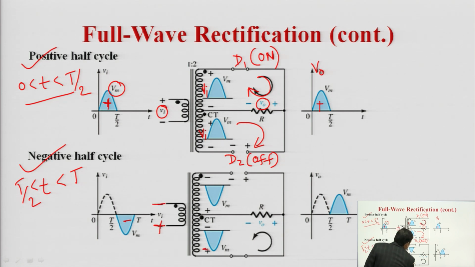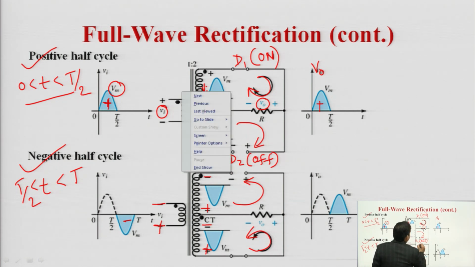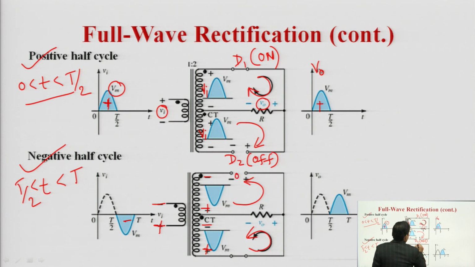If this downward terminal is positive, current will flow in this particular direction, and if this one is positive, the flow of current will be in this manner. Due to this, diode D1 will be off and diode D2 will be on. Once diode D1 is off, it will be treated as an open circuit and D2 will be treated as a short circuit.